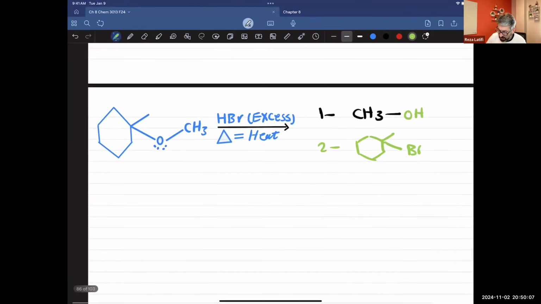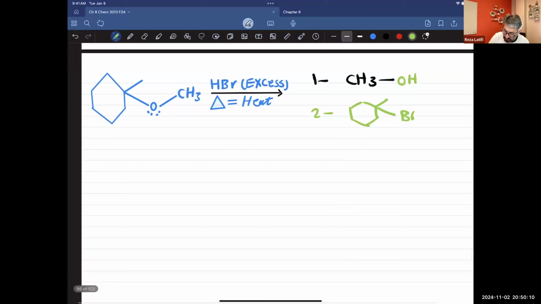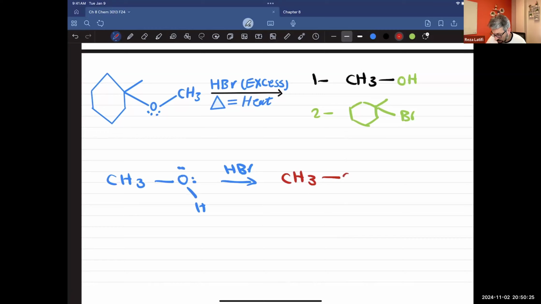Okay, now what will happen to the first product? This first product will get involved in another reaction. So now HBr will be added to it, and it will give us this. And now next step, Br- is going to behave as a nucleophile.